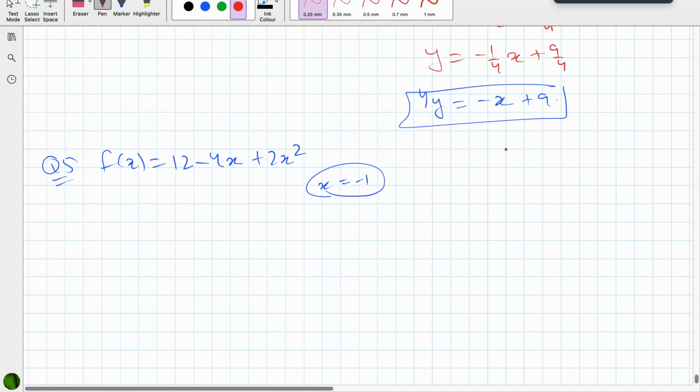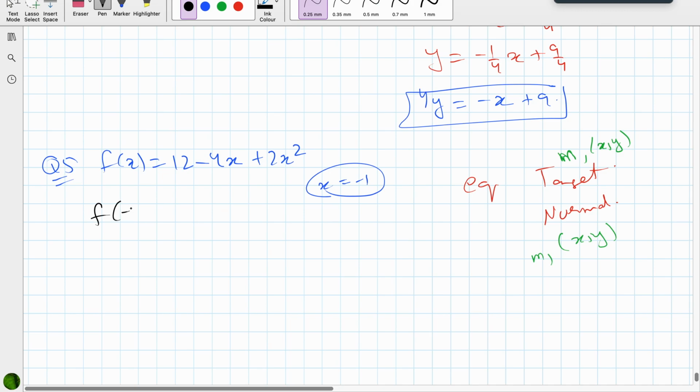We know what we have to solve. We have to find the equation of the tangent and normal. Before we start, for the tangent we will need a gradient and one point x, y. For the normal, we need the gradient and one point x, y. We will go about the gradients, but y is also missing. So first let me solve for y.